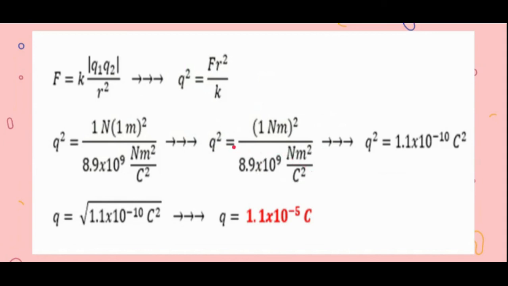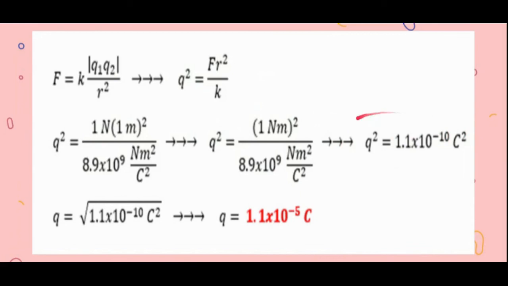Okay. And then, of course, the quotient of 1 Newton meter square divided by 8.9 times 10 to the 9 will give us 1.1 times 10 to the negative 10 Coulomb square. Remember, this is still the square of Coulomb. So this is Coulomb square, and this is Q square.